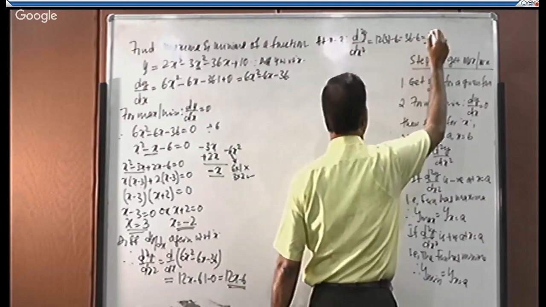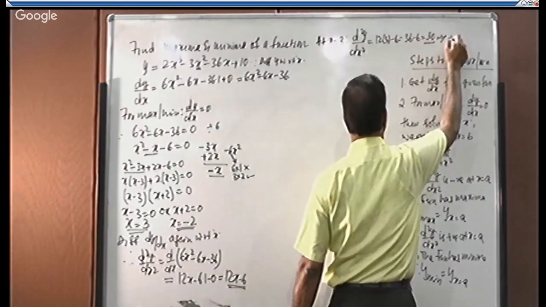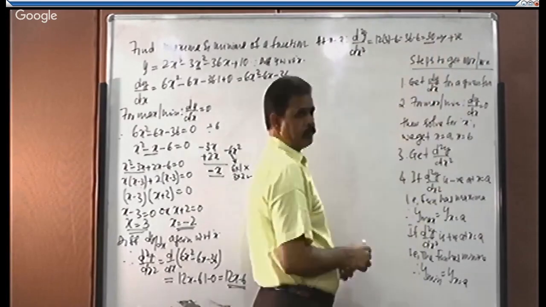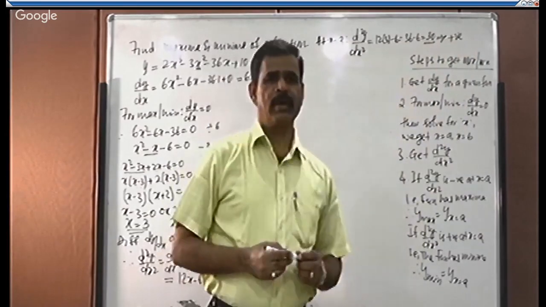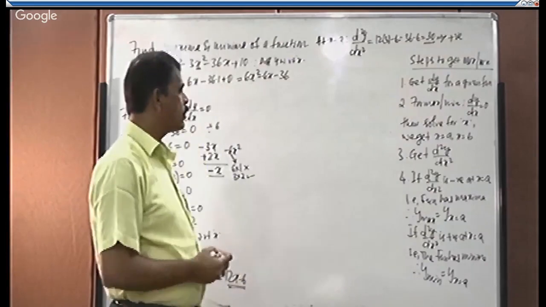This value is not important. Whose sign is important? It is positive. D square y by dx square is positive at x is equal to 3.